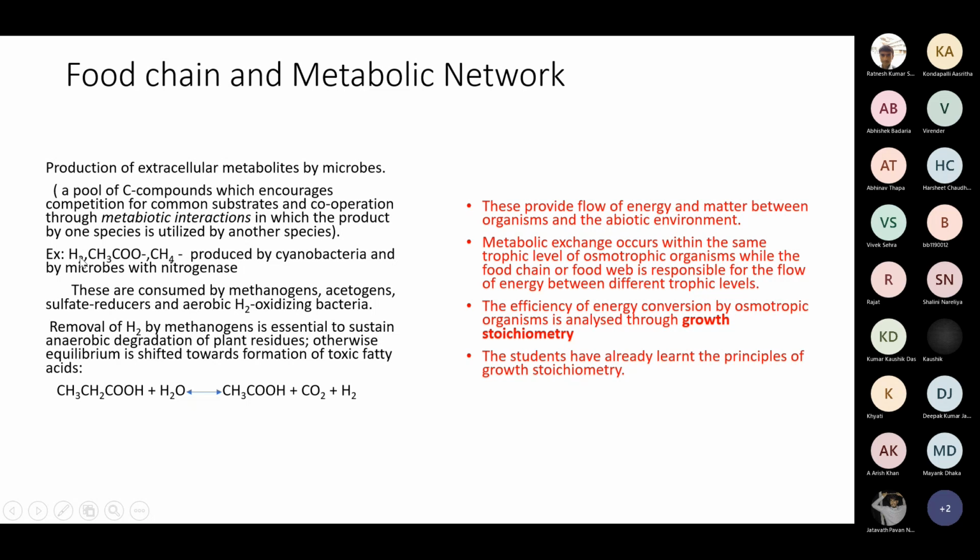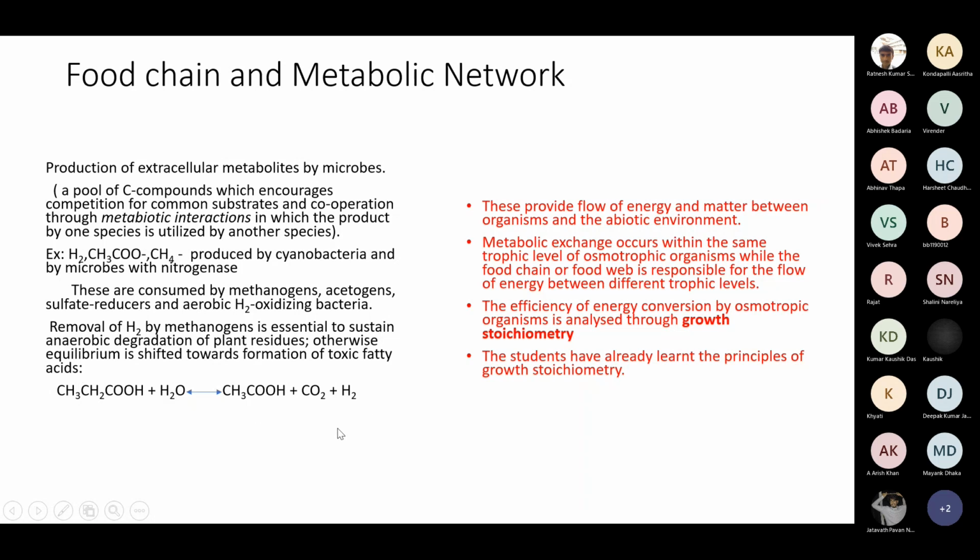Now, the hydrogen produced by cyanobacteria needs to be removed by methanogens, which can use hydrogen. They also fix carbon dioxide and can produce methane. This removal of hydrogen by methanogens is very essential to sustain anaerobic degradation of the plant tissue. Otherwise, the equilibrium is shifted towards formation of toxic fatty acids.